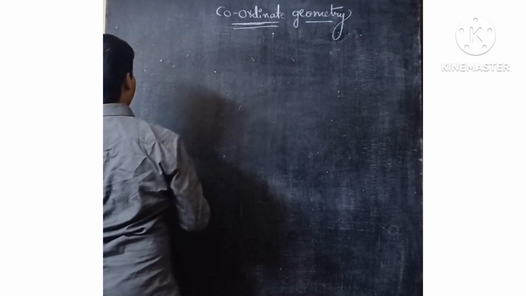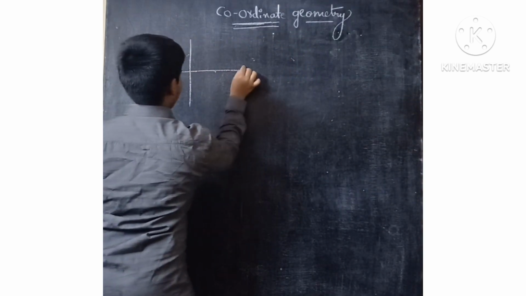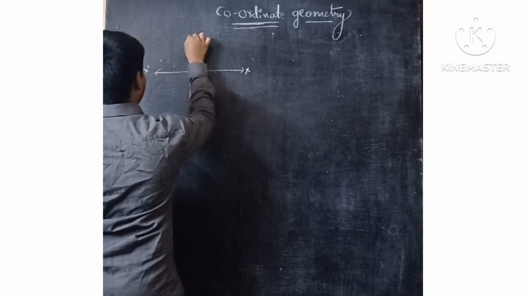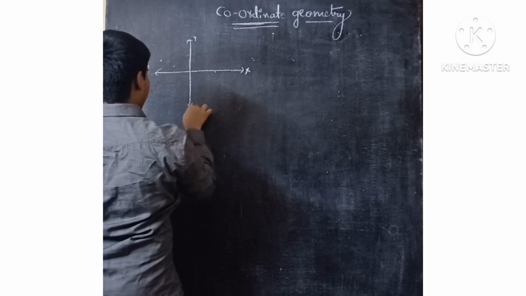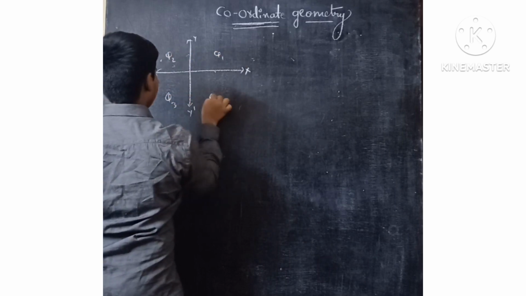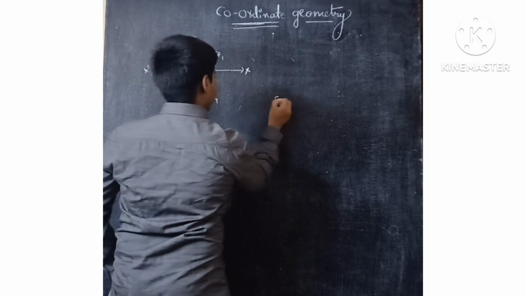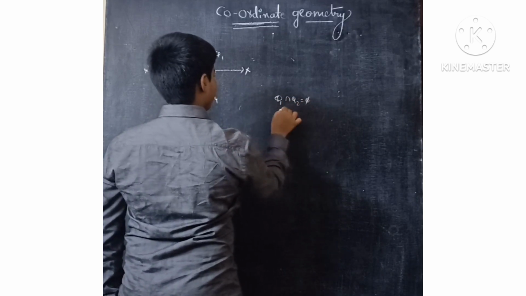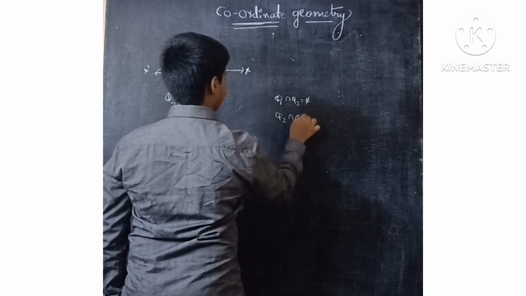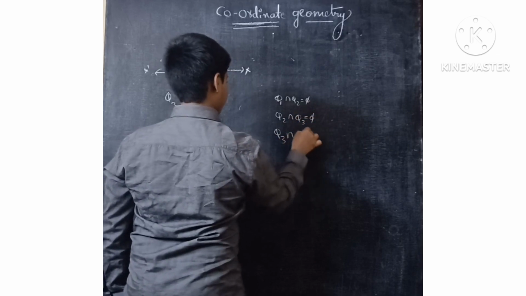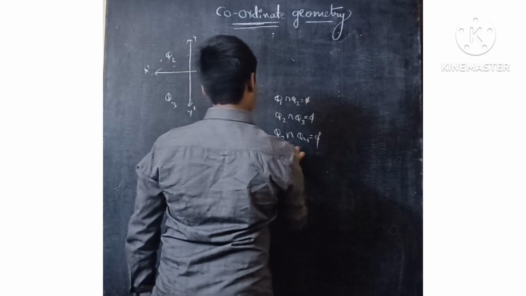And the main point here, in this coordinate axis x, x dash, y, y dash, q1, q2, q3, q4: Q1 intersection Q2 is equal to empty set. Q2 intersection Q3 is equal to empty set. Q3 intersection Q4 is equal to empty set.